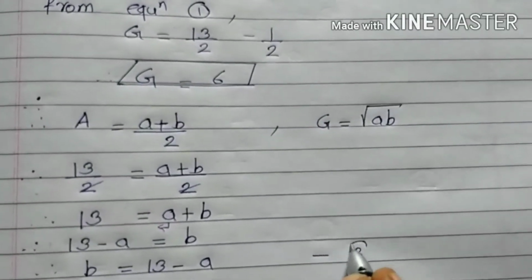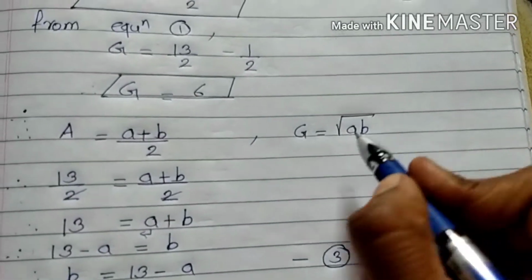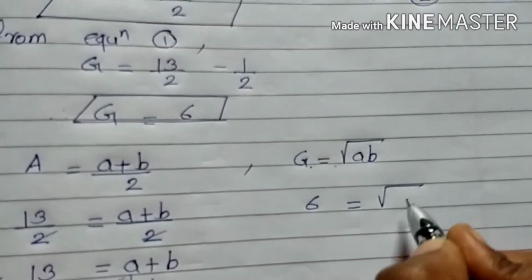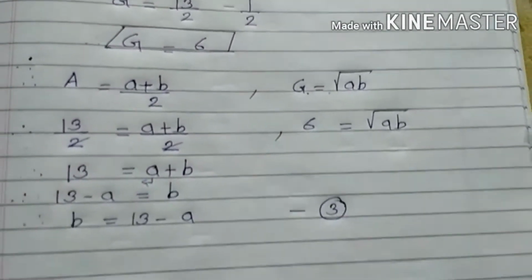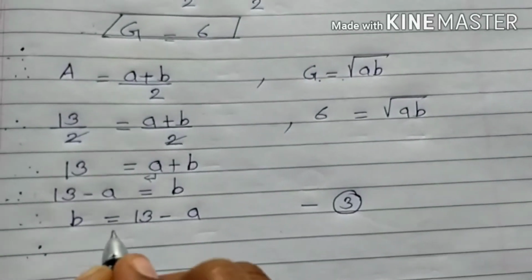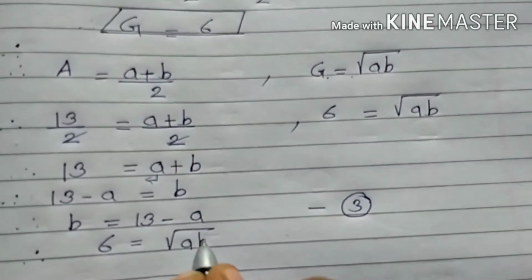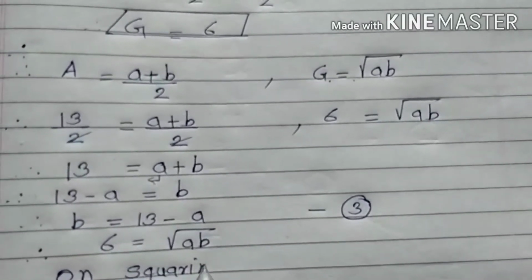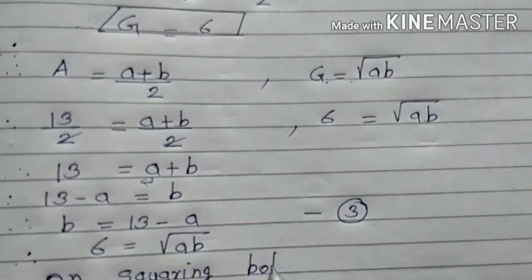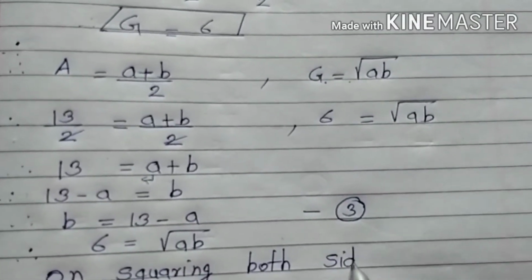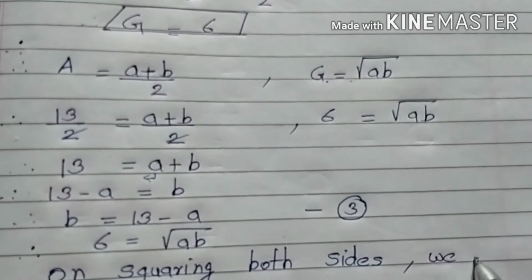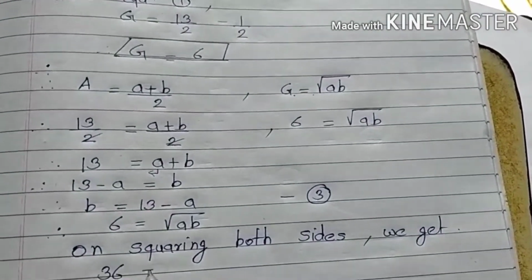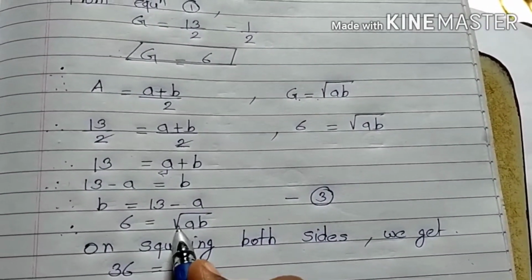Give it equation 3. And here G is equal to under root of ab, so 6 is equal to under root of ab. On squaring both sides, we get 36 is equal to ab, since the square and square root get cancelled.